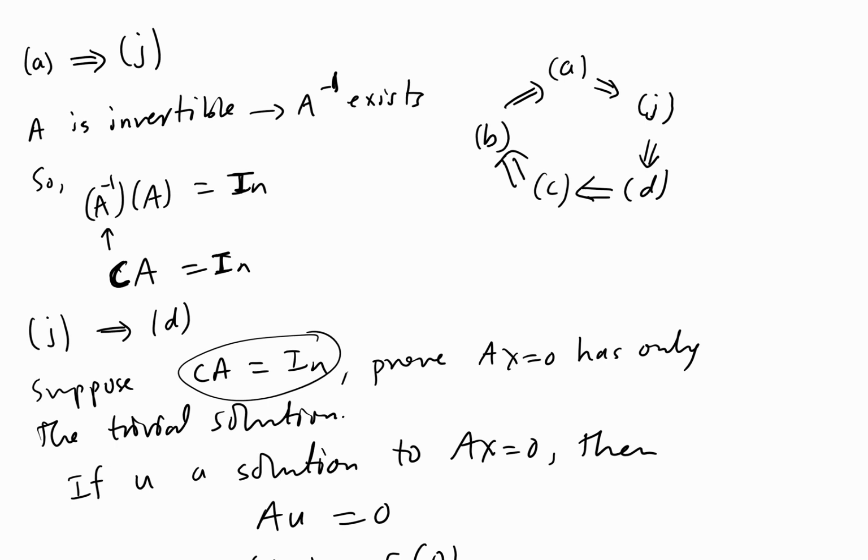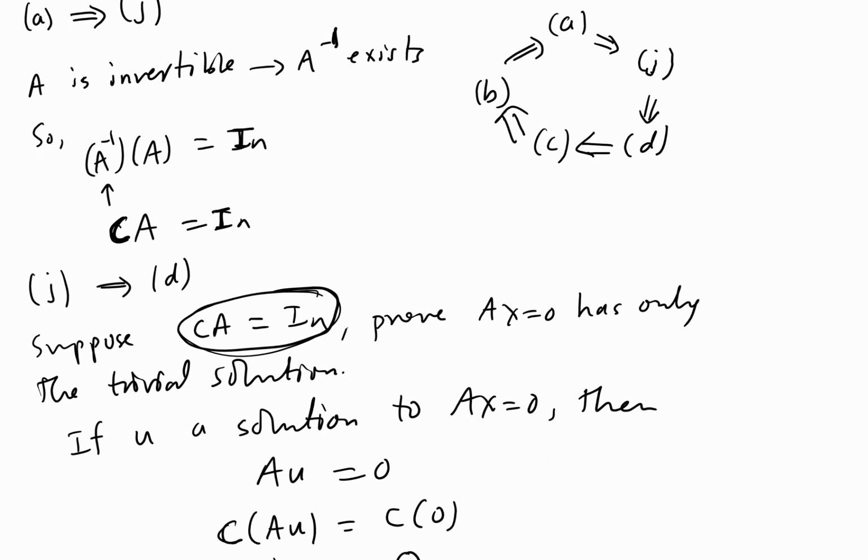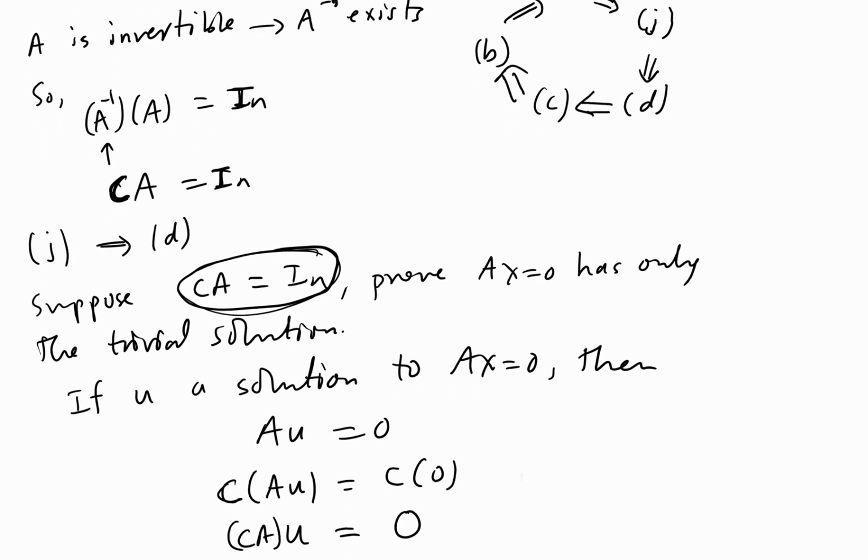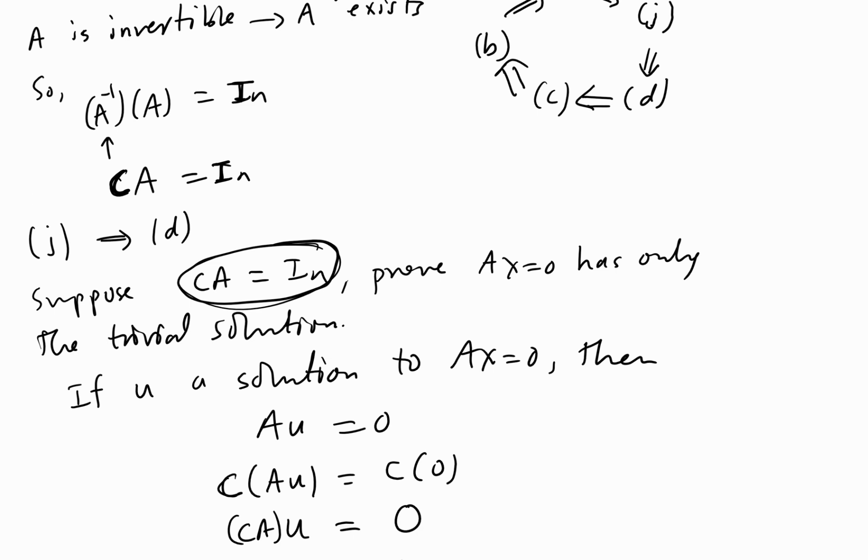What can we do on both sides? Because I want to use this fact, CA equals the identity, I can multiply both sides by C on the left side. And then by the properties of matrices, I can regroup C times AU as CA times U equals C times 0, and 0 times the other matrix is the 0 matrix, or 0 vector.